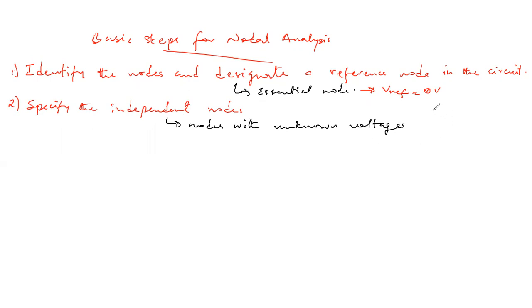So usually you want to assign some variables, a V1 or V2 all the way. It could be E1, E2, depending on your choice. And the total number of unknown voltages gives us the total number of systems of equations we'll have to resolve in the circuit. So if we have 2 unknown voltages, then we're going to have 2 systems of equations. And 3 unknown voltages, 3 systems of equations.